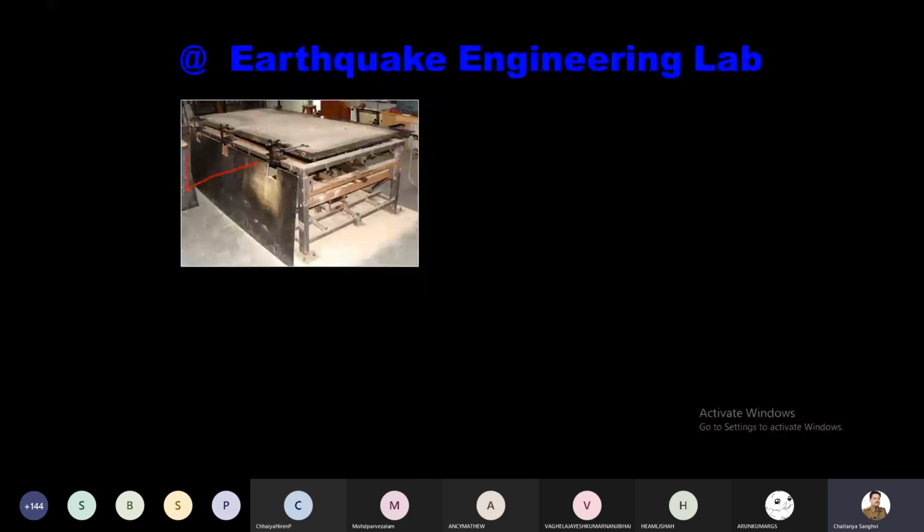I told you we don't have any finance support, or we don't have the money at that moment. So what we did, we used the waste material from our store. We collected all the waste material like channels and angle sections, everything we could take, and then one group was asked to fabricate the shake table, right?